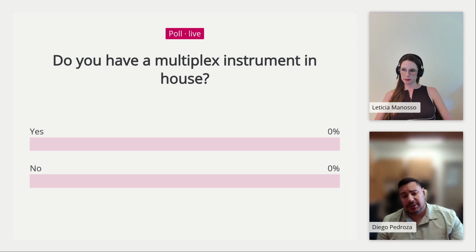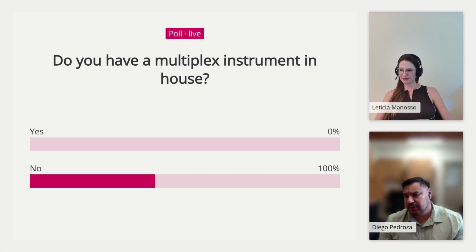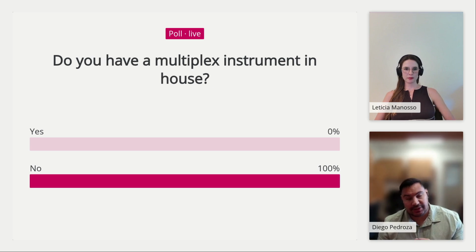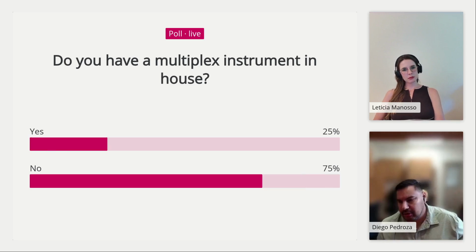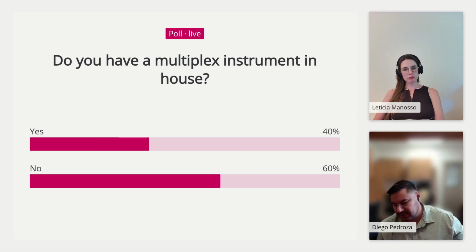Baylor College of Medicine has a really good core. I should say we have a lot of good cores. I don't have one in my lab directly, but the cytometry core has two Hyperion imaging mass cytometers.